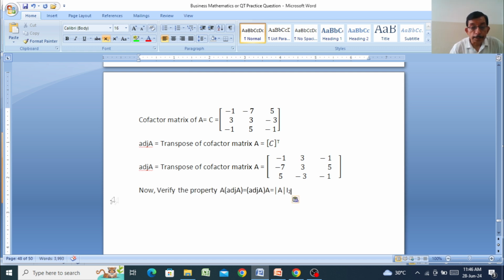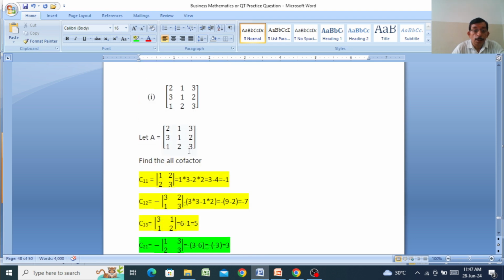First we take the LHS, the first part, which is equal to A multiplied by adjoint A. Now note down the values of A and adjoint A, then multiply.